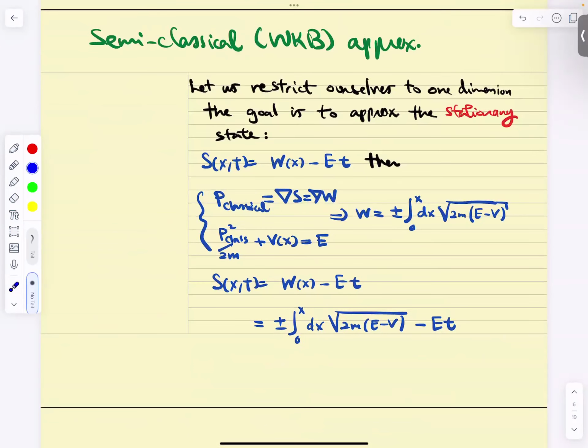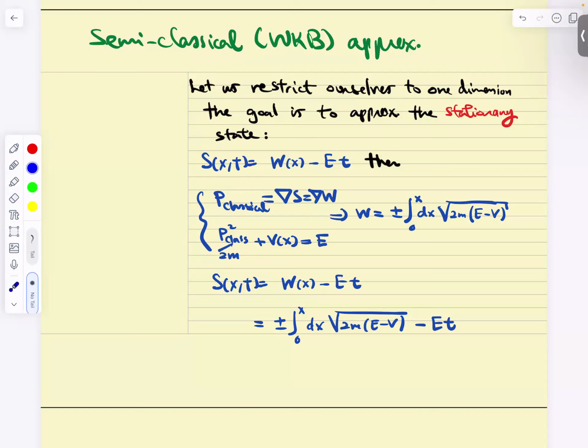All right. So to repeat, we're going to restrict ourselves to one dimension for simplicity. None of what I say is specific to one dimension, but just to be explicit and make it simple, we're going to talk about wave particles moving in one space dimension, and we're going to approximate the stationary states, the energy eigenkets.